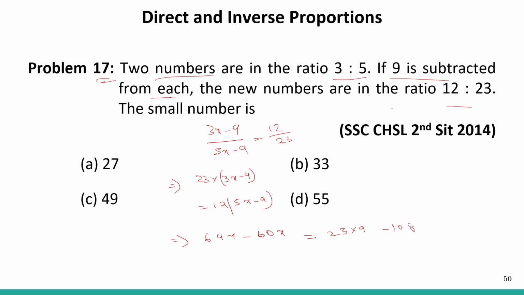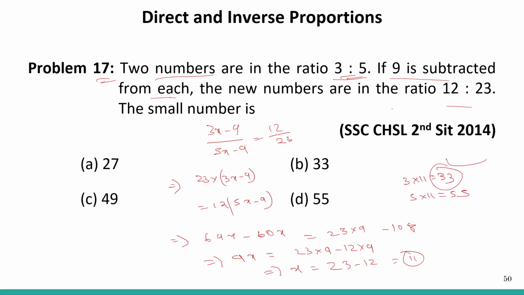So this implies that 9x is equal to 23 into 9 minus 12 into 9. So x is equal to 23 minus 12, so this will be 11. If x is 11, then they are in the ratio 3:5, so 3 into 11 is 33, and the other number is 5 into 11, that is 55. So the smaller number here is 33. Okay, so this is the correct answer.